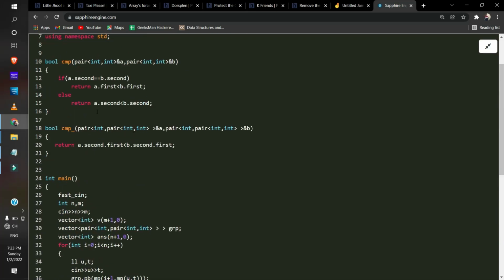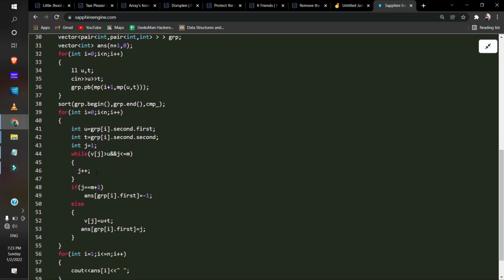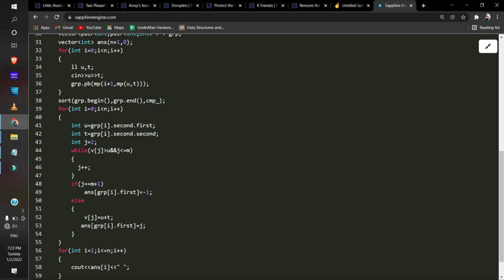The compare function is that the starting time should be in increasing order. Then we'll iterate over the group and get every person out. If the person has a starting time u and a journey time t, we'll find the taxi which has v of j less than u.